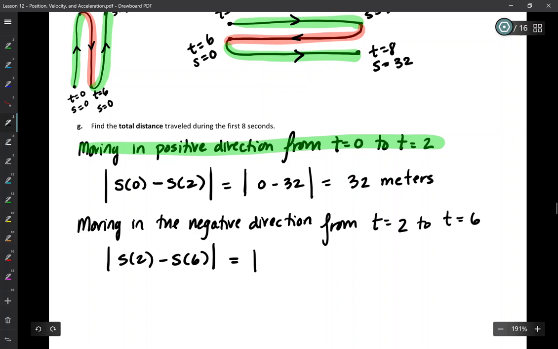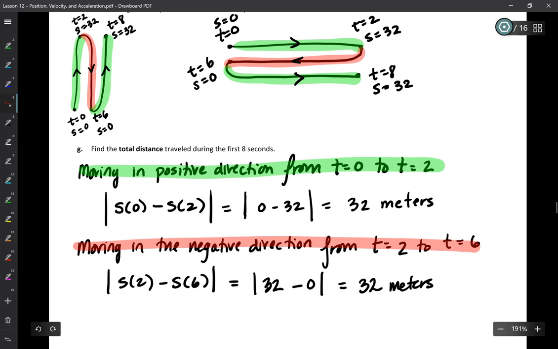At t equals 2 seconds, the position there is 32 meters. At t equals 6 seconds, my position is 0 meters. So on that leg between 2 seconds and 6 seconds, the particle traveled 32 meters. Traveled 32, and then traveled 32 again.